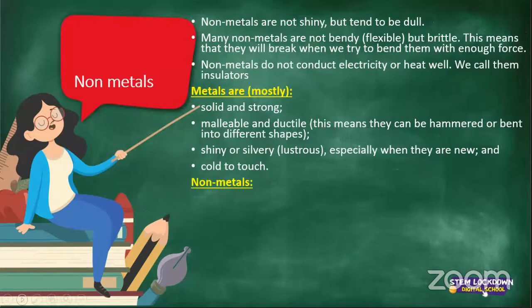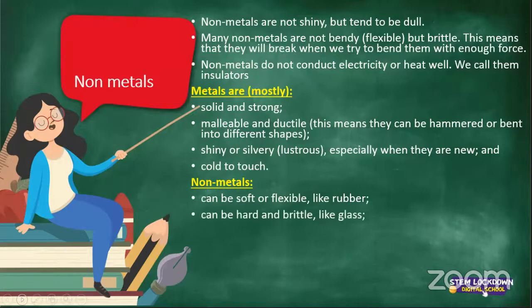And then the characteristics of a non-metal, we say it can be soft or flexible like rubber. So non-metals are basically soft. You can bend it. So flexible means that you can bend it, like rubber is an example of it. Then you can also have non-metals that are hard and brittle.